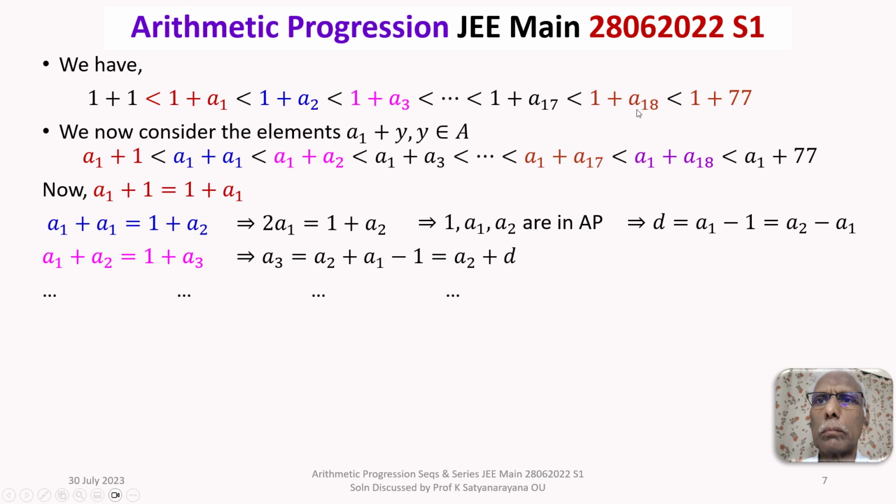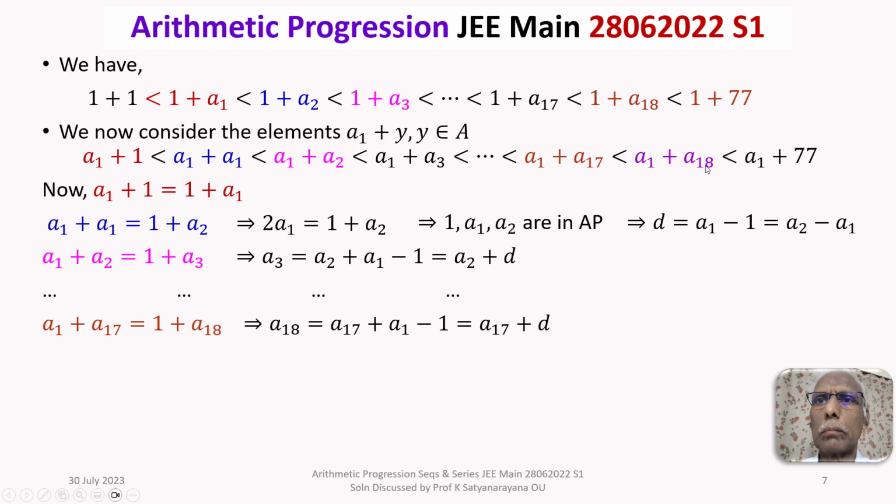A1 plus A17 is equal to 1 plus A18. So you take this element, and that will imply A18 is equal to A17 plus A1 minus 1. But A1 minus 1 is D. So A18 is equal to A17 plus D. By adding D to A17, you are getting A18.